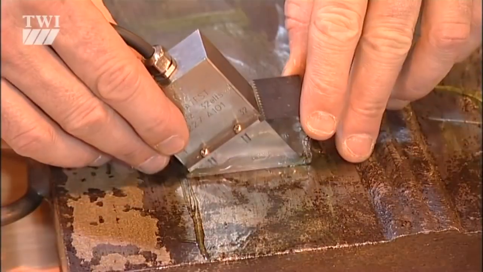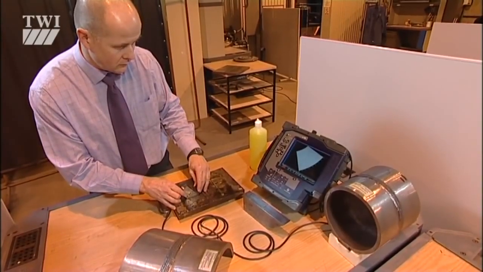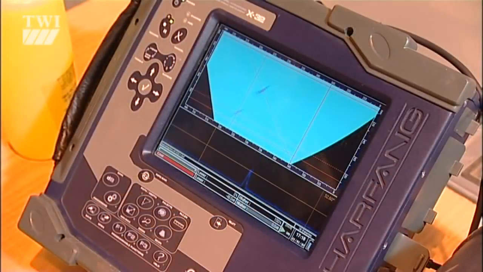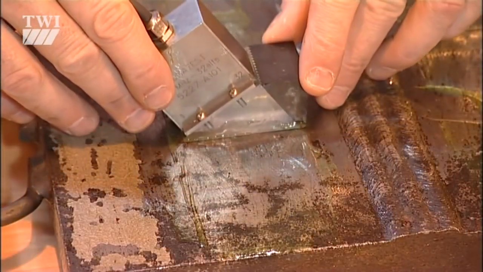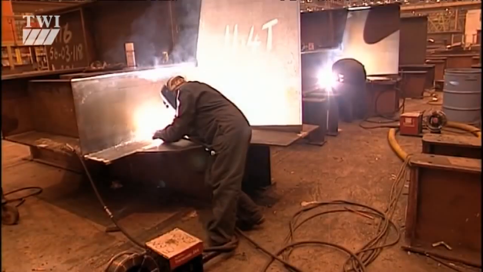Phased array systems work quite differently. They offer the possibility of performing inspections with ultrasonic beams of various angles and focal lengths, using a single array of transducers. So, what's it used for?